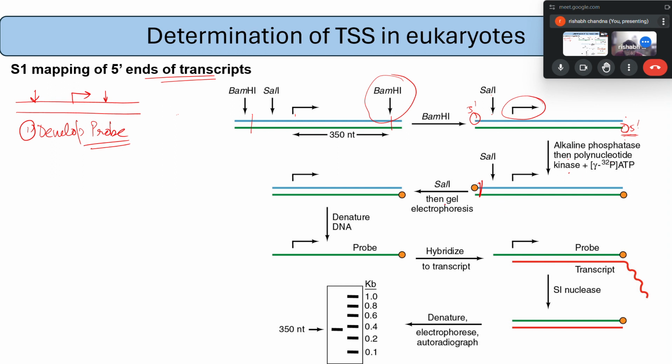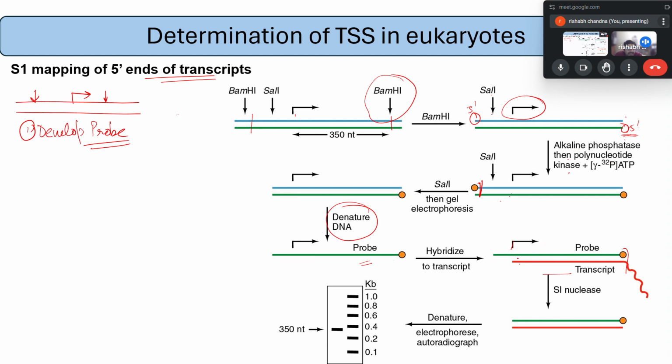Okay, then we'll purify this fragment and denature the DNA, so that it produces a single stranded probe. Now we'll hybridize this probe with the transcript that is being formed, so that this probe will have sequence similarity from the transcription start site to the end of this probe. So this will bind to this probe.